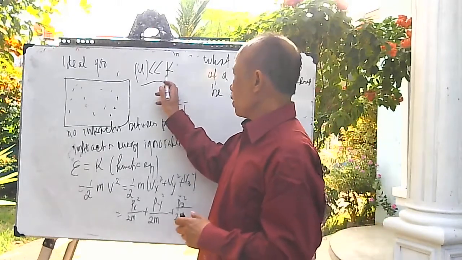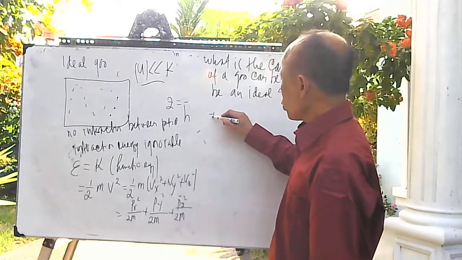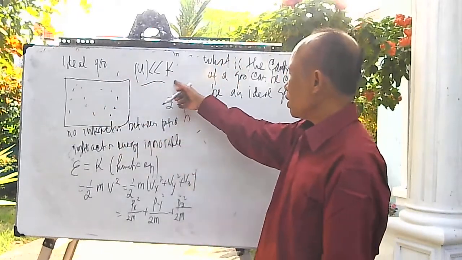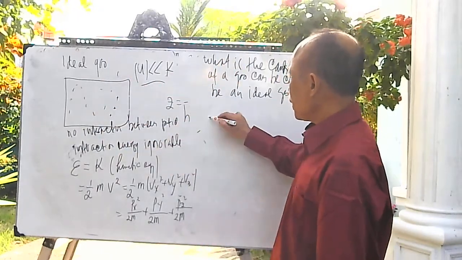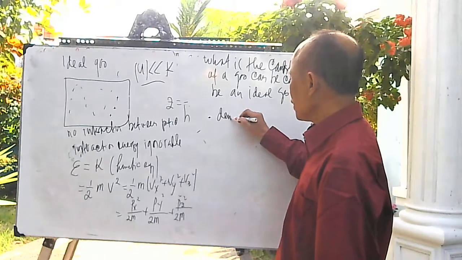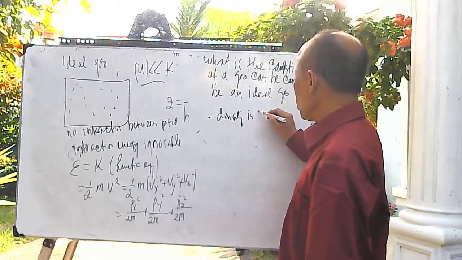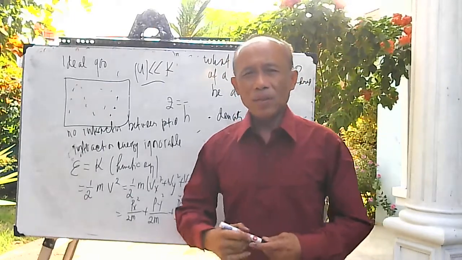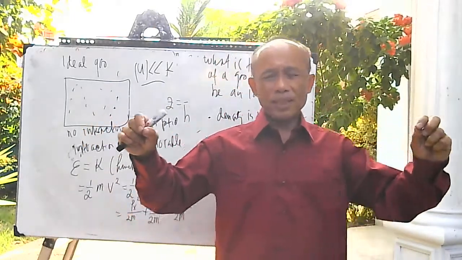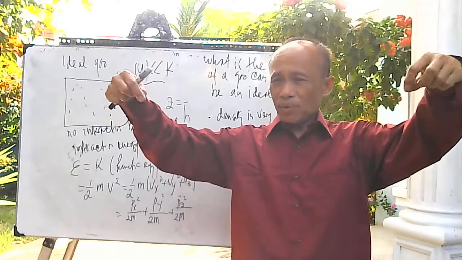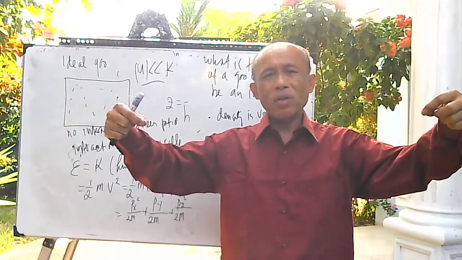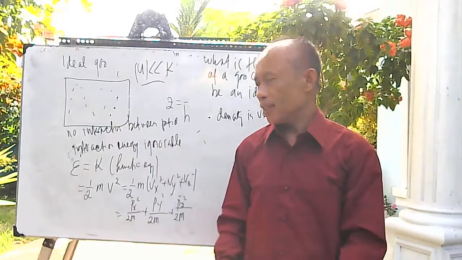To obtain this, there are two conditions to reach the ideal gas. First is the density is very low. If the gas density is very low, then the distance between gas particles is very large. Interaction between particles becomes very small, and it can be ignored compared to the kinetic energy.